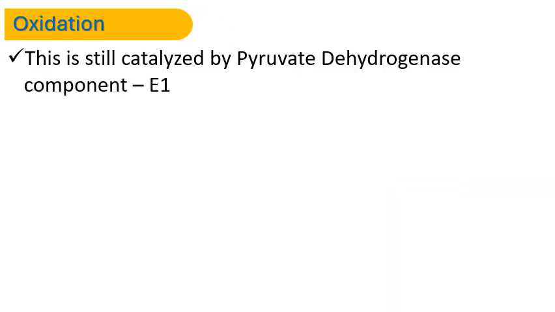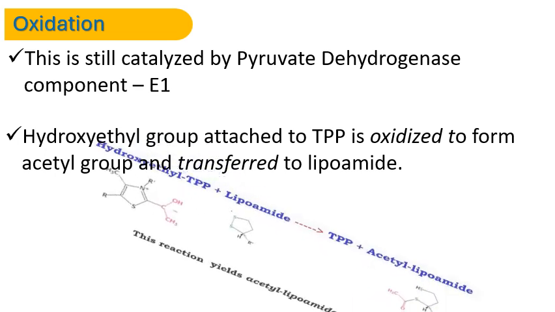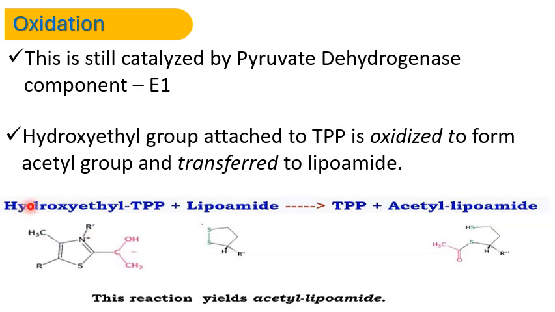after that you have an oxidation which is still catalyzed by the pyruvate dehydrogenase complex 1. And what happens is that the hydroxyethyl group, which is attached to TPP, is oxidized to form an acetyl group and transferred to lipoamide. So the hydroxyethyl group plus lipoamide, which is in the oxidized form, okay?